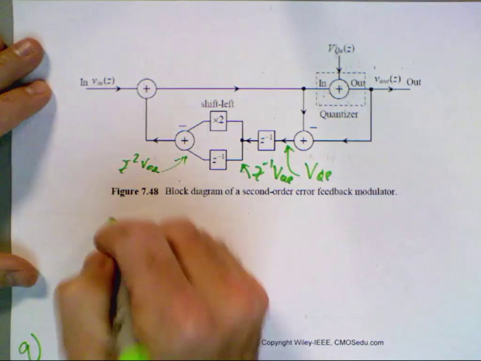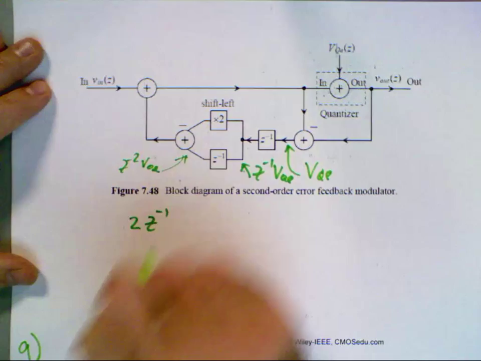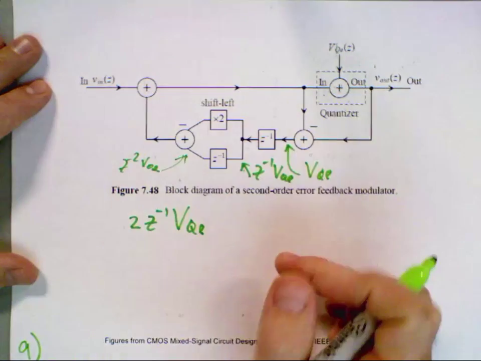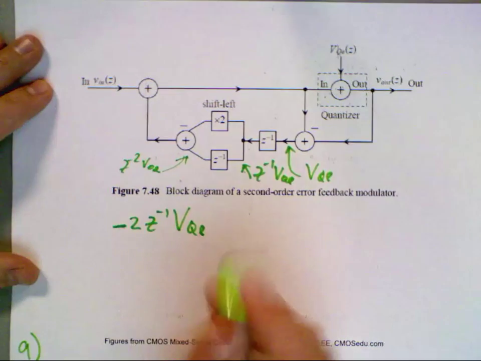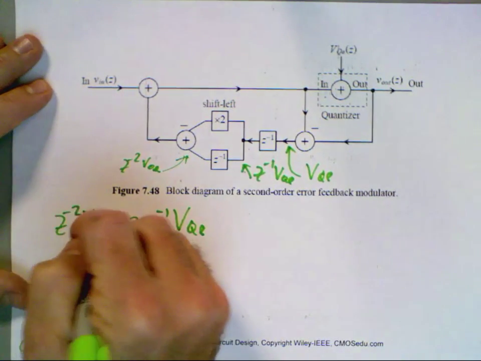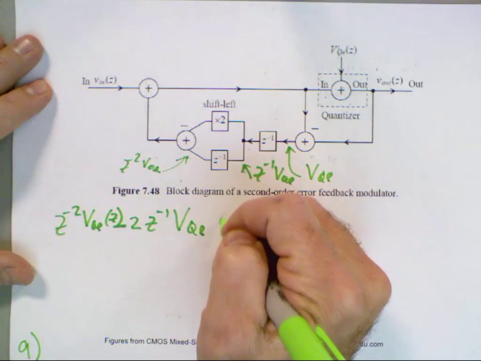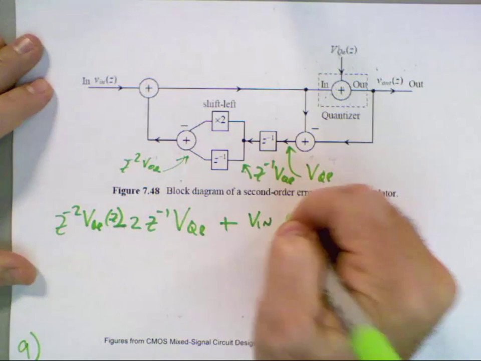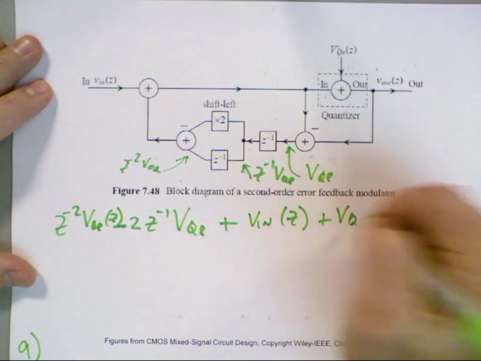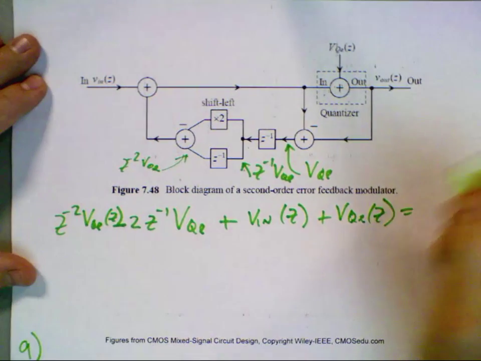And so what I get is 2 times z to the minus 1 VQE, which is this path, or minus, I should say. And then this path would be z to the minus 2 VQE of z. And that's plus Vin of z plus VQE of z is equal to V out.